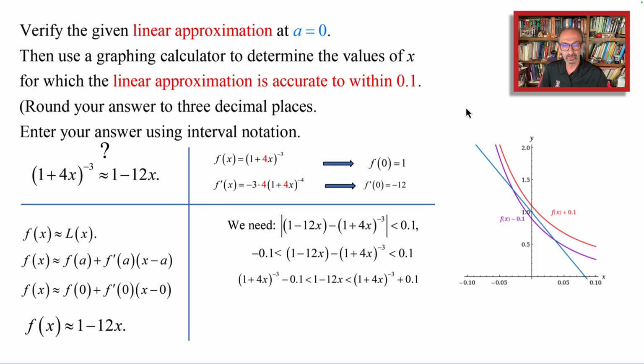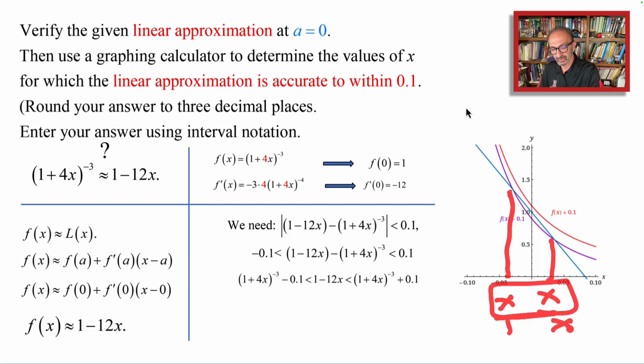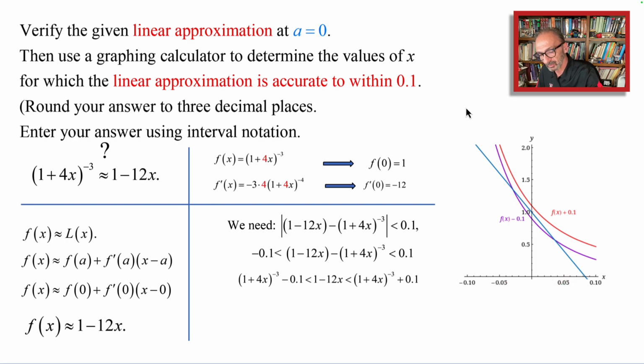This will be true when x, that's x1 and that's x2. Let me go back and write it one more time. This is x1 and this is x2. So when we are between x1 and x2, how to find those x1 and x2, that's on the coming slide.